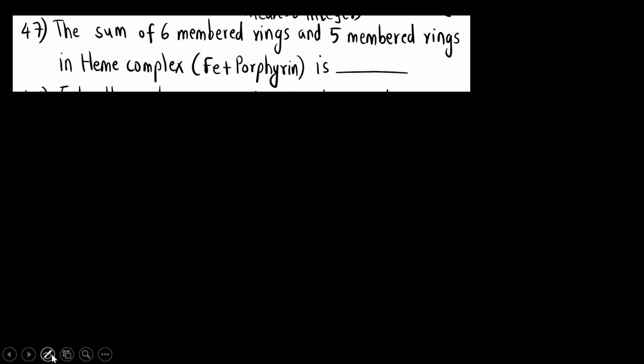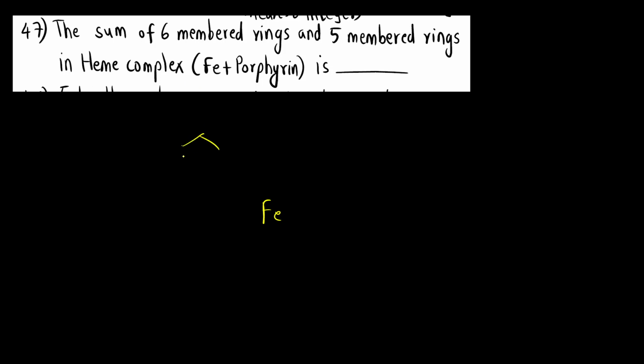47. Number of 6-membered rings and 5-membered rings of the heme complex, what is the sum? For that you must know the structure of this. If you don't know the structure, there is no problem. I will teach you how to draw the structure of this porphyrin ring and iron complex, that is the heme complex. Iron in the center.